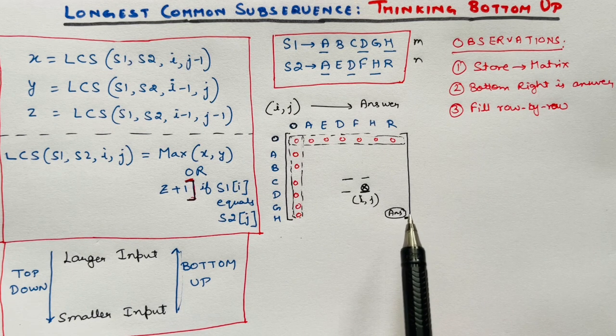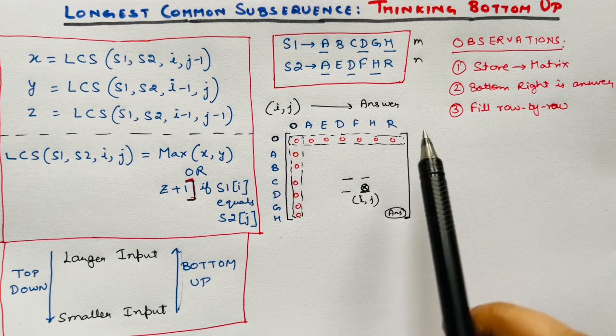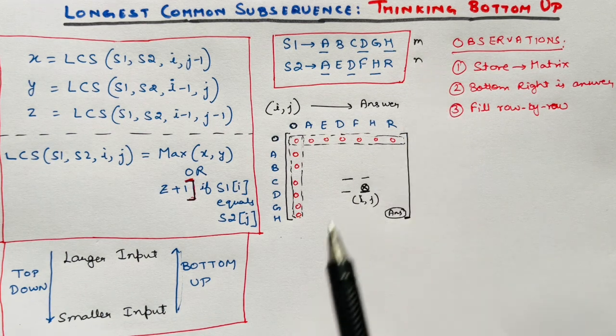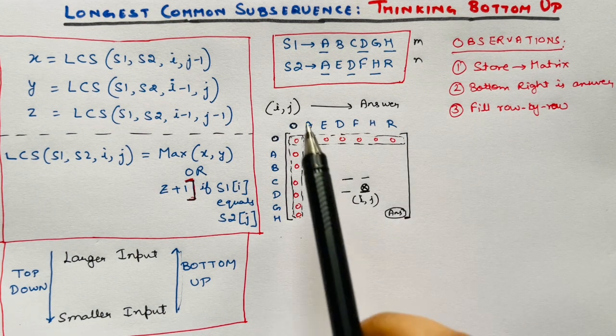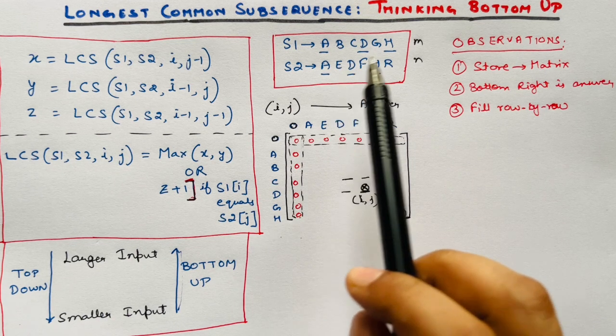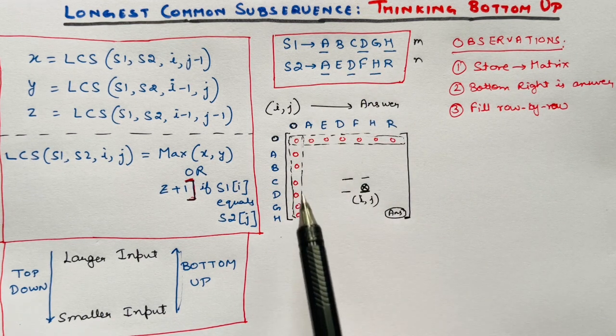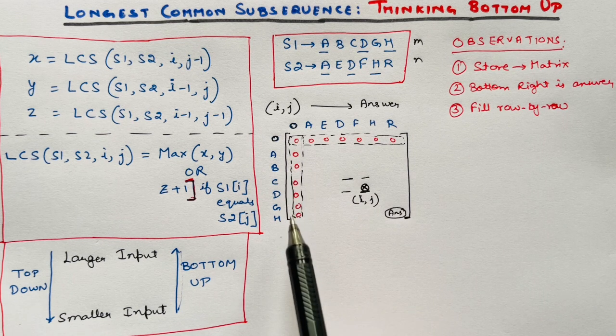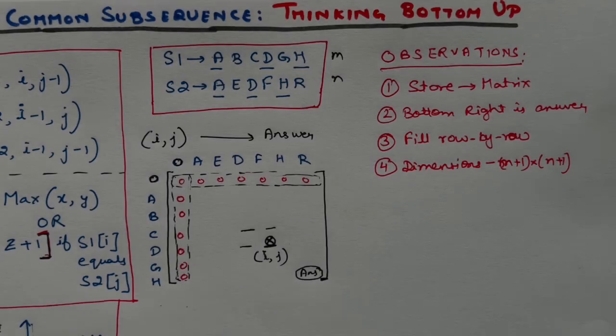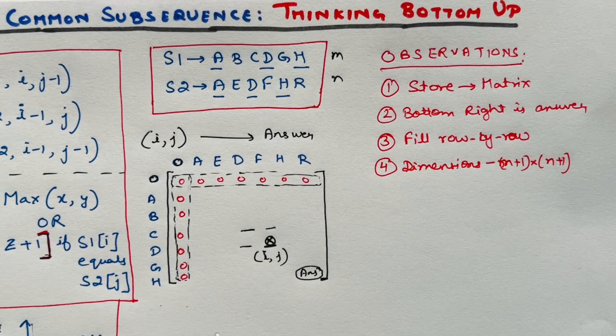It will be m plus 1 cross n plus 1 if the lengths of the two strings are m and n. So here basically we are considering these strings at 1 based index and not at 0 based index, because for 0 we are representing that the string is empty itself. So now with these observations, we know what is the size of the matrix to declare.